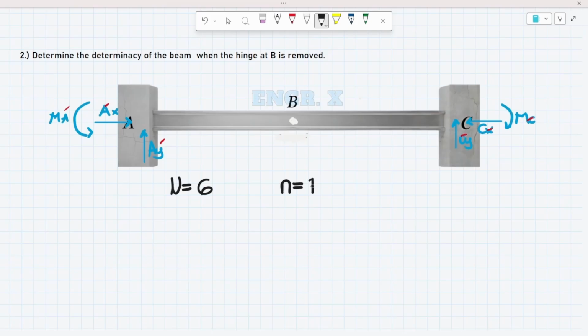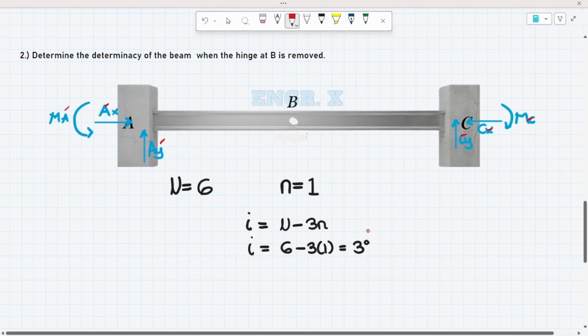So this is 1. With this, we can solve now for the indeterminacy. Indeterminacy is U minus 3 times N. That is 6 minus 3 times 1. This is 3 or third degree. This is our answer for number 2.